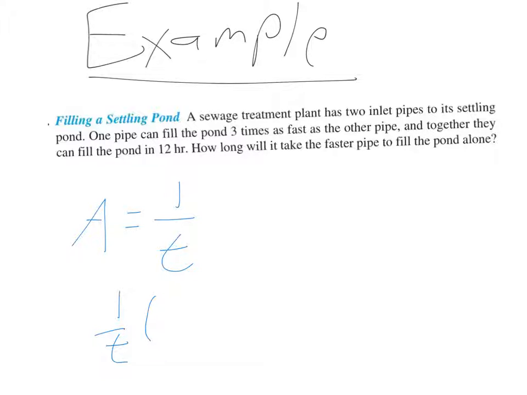And for it to be equal to 1 job, it'd be 1 over t times the time, which is 12, plus the slower pipe is 1/3 the speed, so it'd be 1 over 3t times 12. That equals 1.